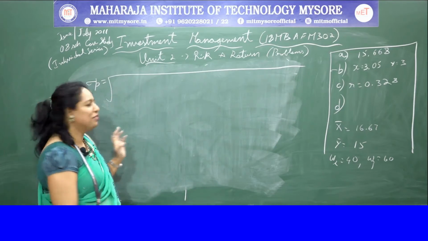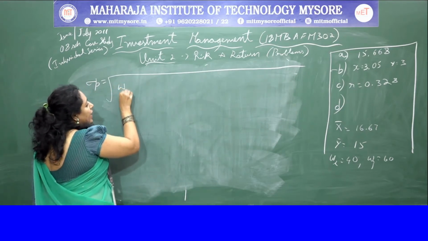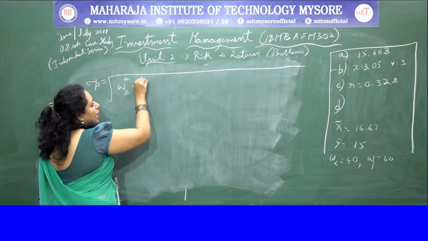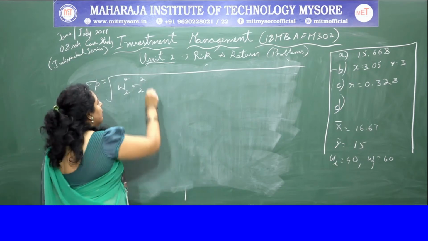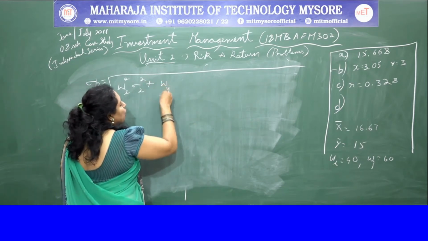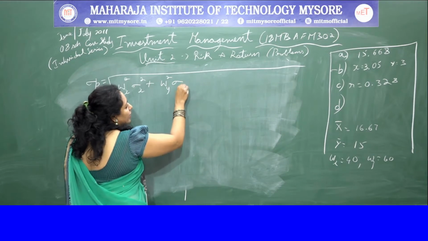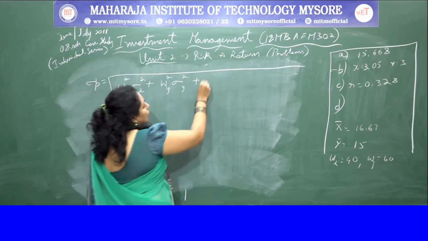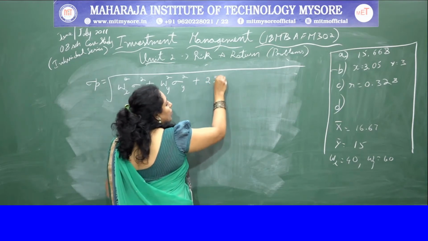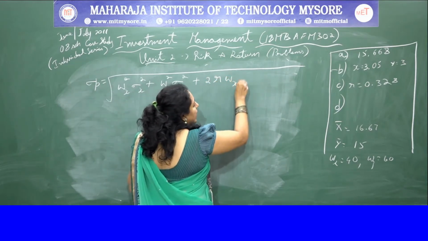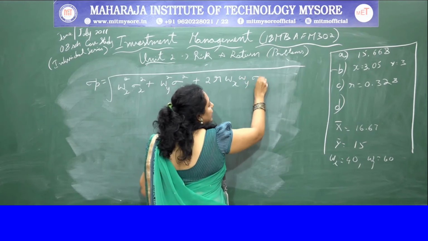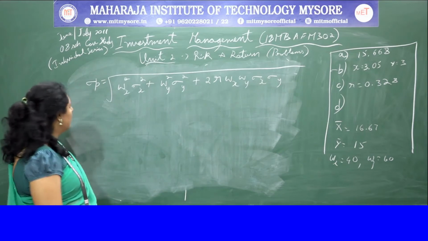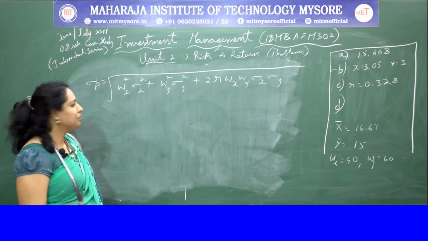So let's start with the formula: weight X square, standard deviation X square, plus weight Y square, standard deviation Y square, plus 2 into R into weight X, weight Y, standard deviation X and standard deviation Y. This is the formula.